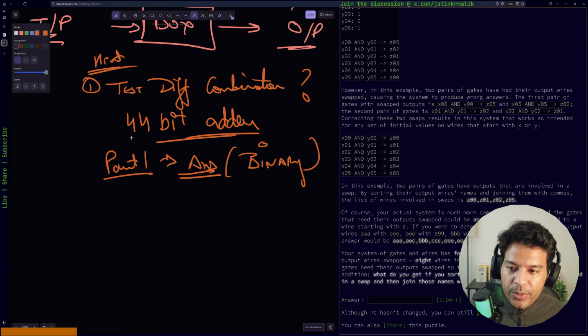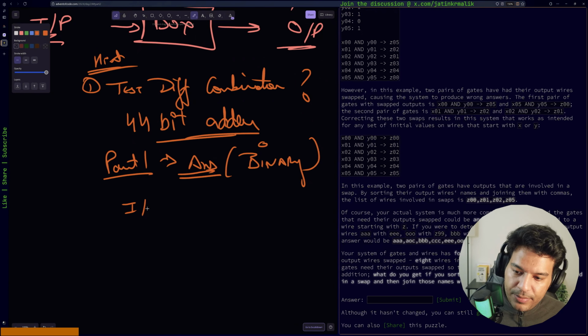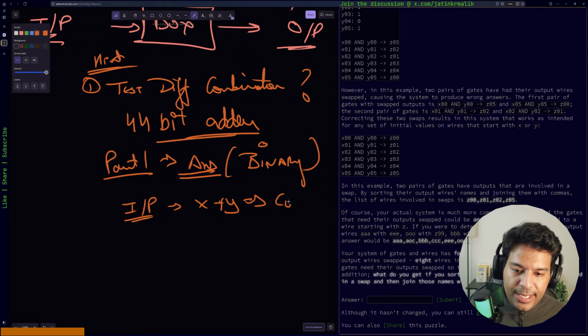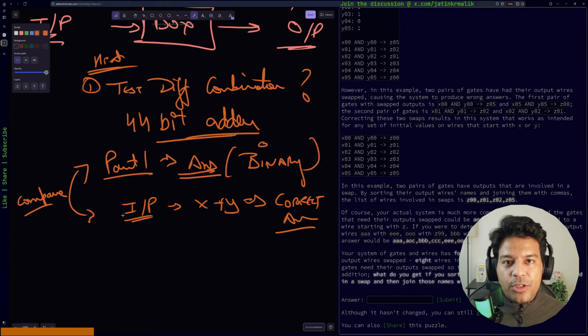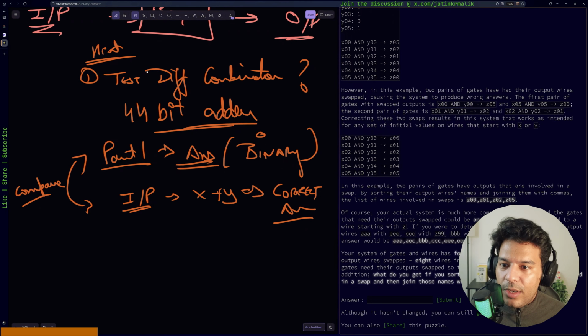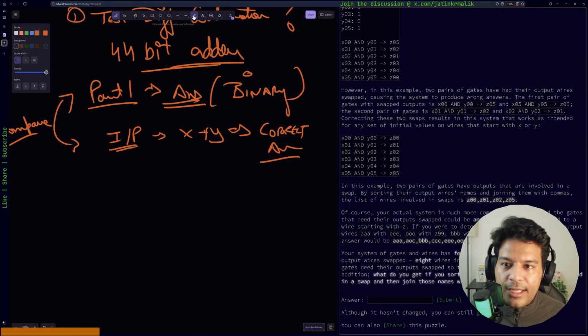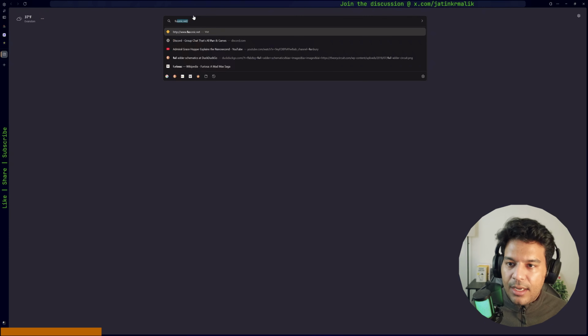And then what we can do is take our input and do x plus y ourselves, now that we know the rules, and then we can get the correct answer. I think doing a comparison between these two numbers is a good place to start. And if I had to explain how the adder looks, I think probably it's time we do that.